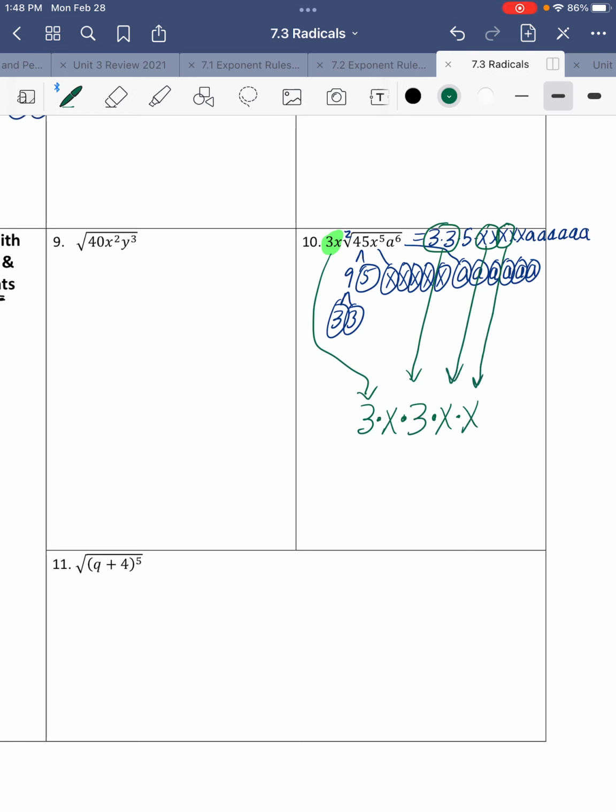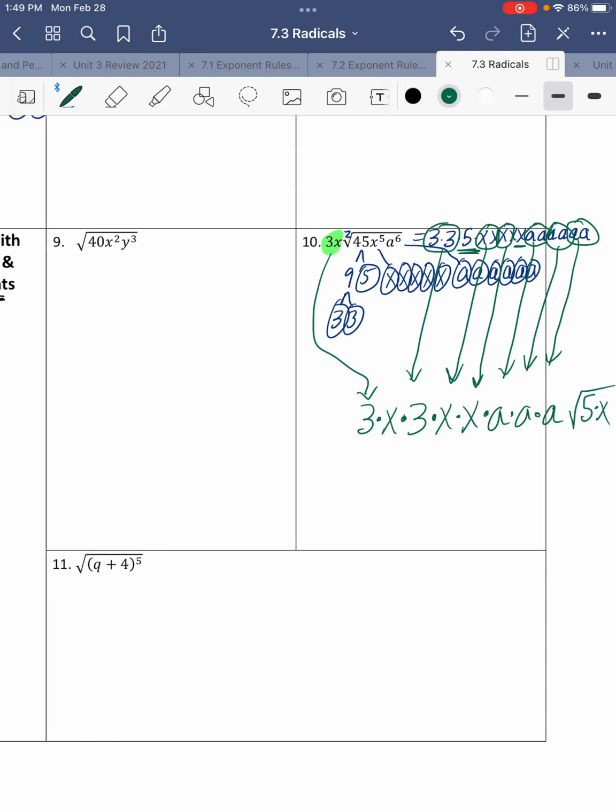Each pair comes out as just 1 when it comes to variables. A is going to come down. Another A is going to come down. And another A is going to come down. What is left over? What did I not pair up? We have a 5 and that hidden little x there.